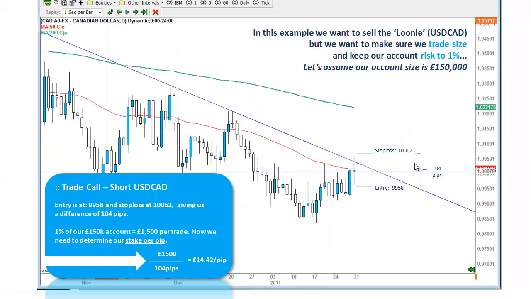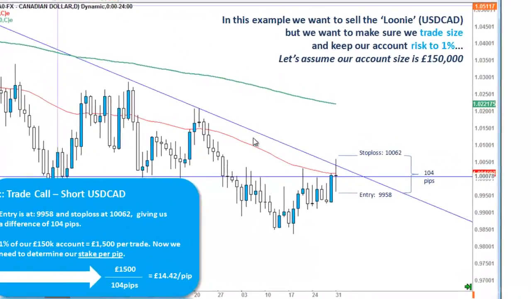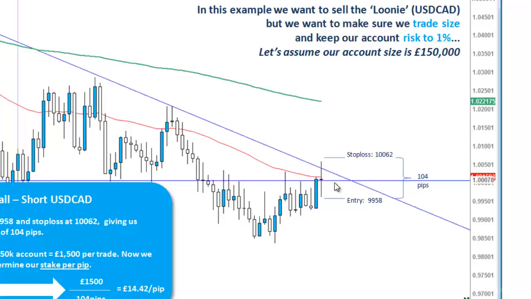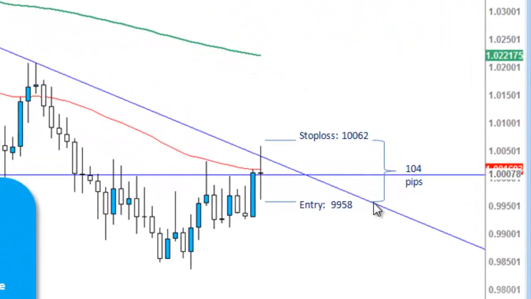Let's look at dollar CAD, also known as the loonie. If we're looking to sell here, and we're selling off this trend line and this horizontal level and this doji bar, which is again something we'll discuss later on, we've got our entry at 0.9958 and our stop loss just above the high at 1.0062, giving us a difference of 104 pips between our entry and our stop loss.